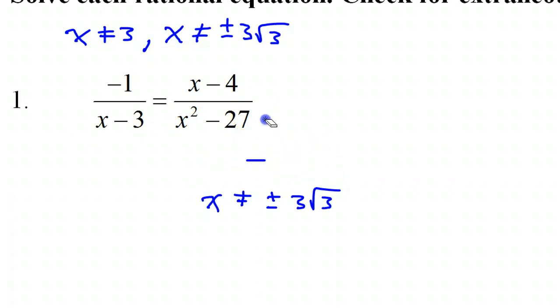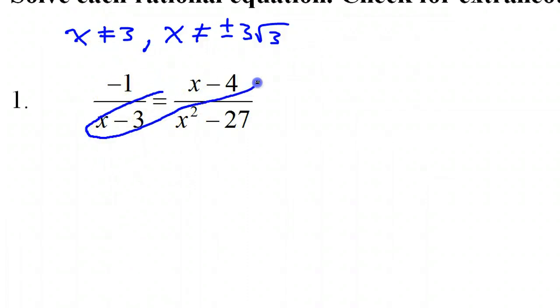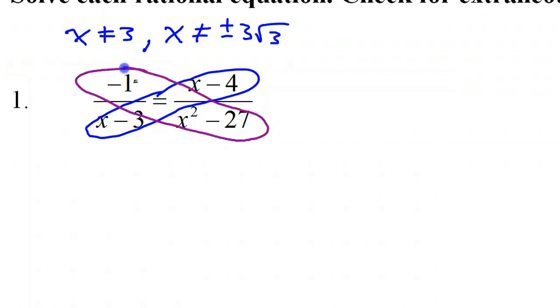Now let's get down to business. Because this is just a fraction equal to a fraction, we can do this by simply cross multiplying. Okay, so if we do that, we're going to have these multiplied together, and we're going to have these multiplied together.